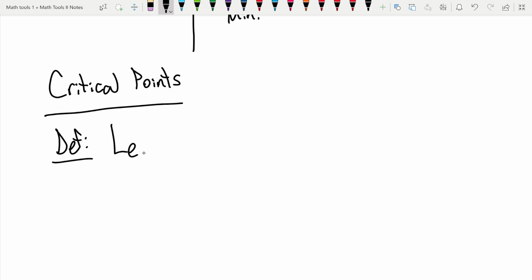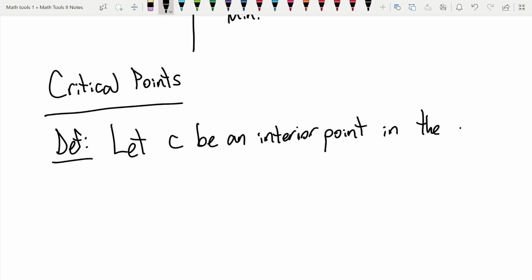So let C be an interior point in the domain of F. And this just means exactly what it sounds like.